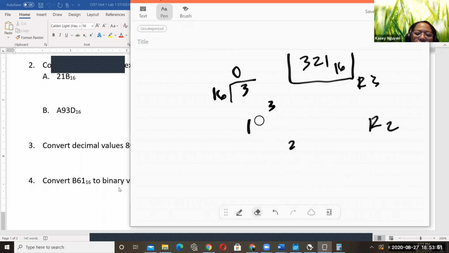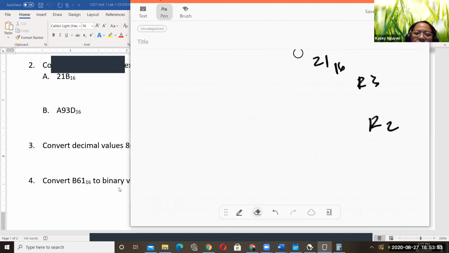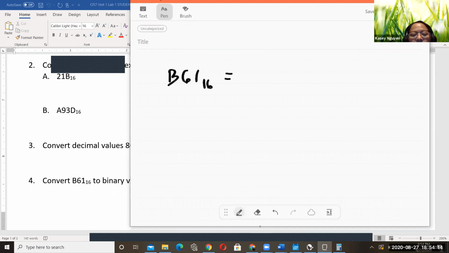So in 4, we're going to take that hexadecimal value and convert it into binary. And you saw some of this right before we showed the division method. So you would have the B61 in hex, and we wanted to make this into binary.